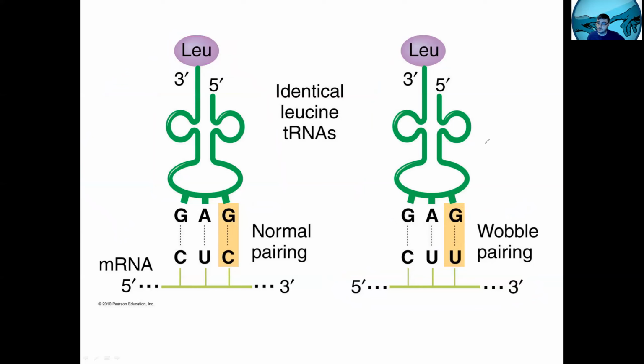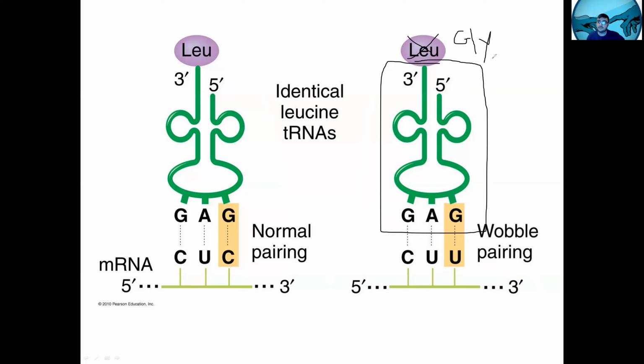So for example, if you had a problem, and this is a very MCAT-like question maybe, if you had a mutation where this tRNA, GAG, instead of being bound to leucine, there was a mutation that bound it instead to the amino acid glycine.